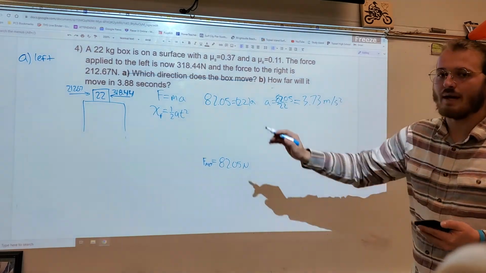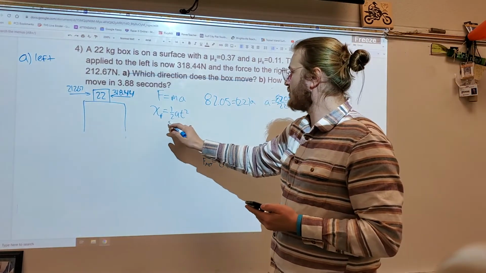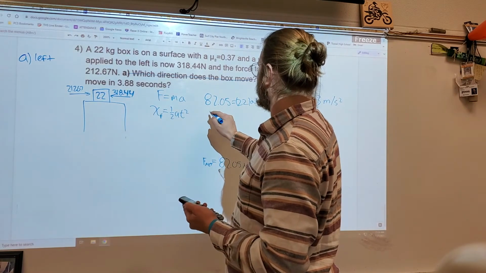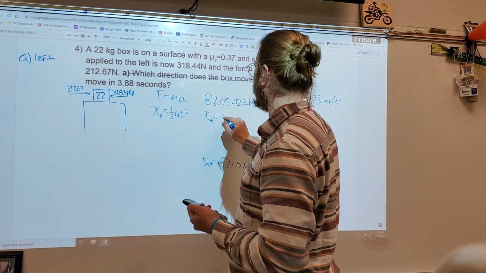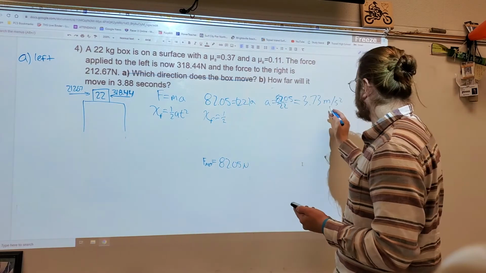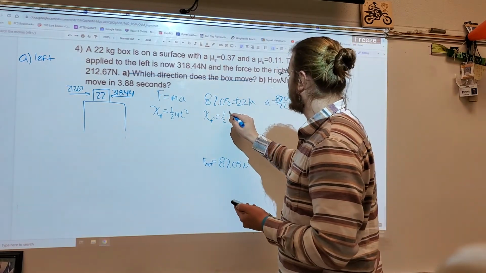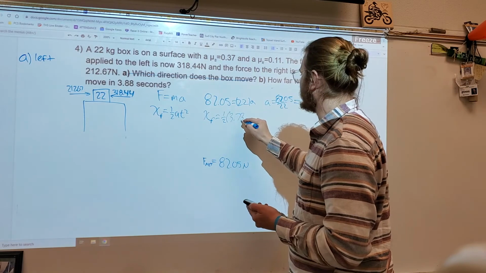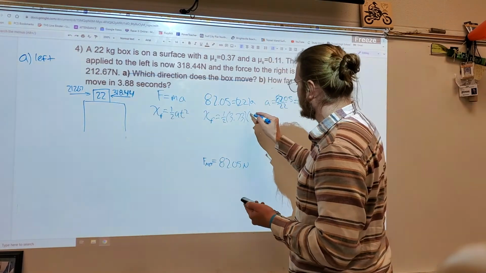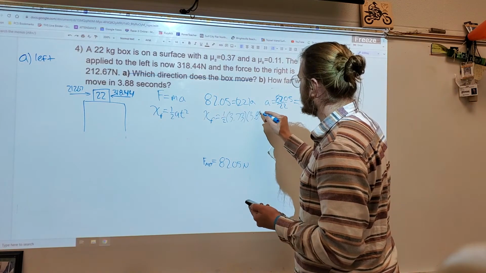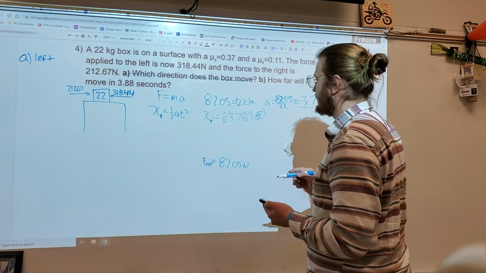Okay, good. Now, let's plug in everything we know for our XF. Our XF is equal to 1/2 our A that we just discovered right here, 3.73, and the time, which is given to us in the question, 3.88 squared.